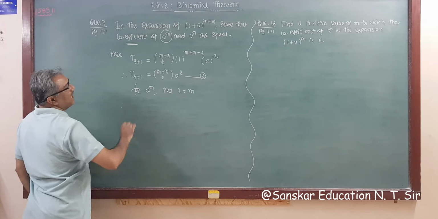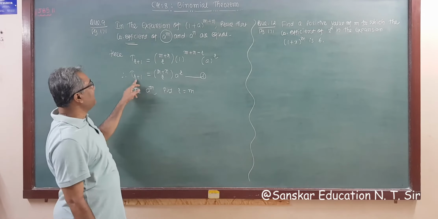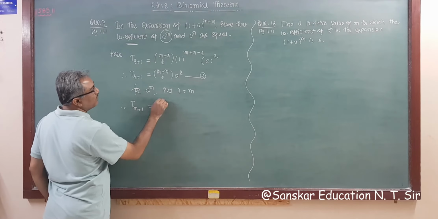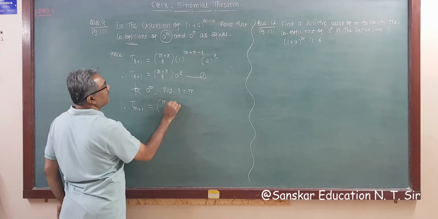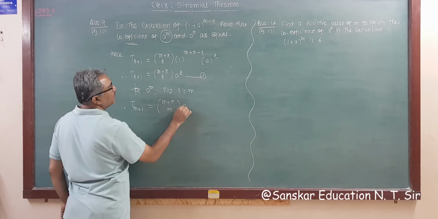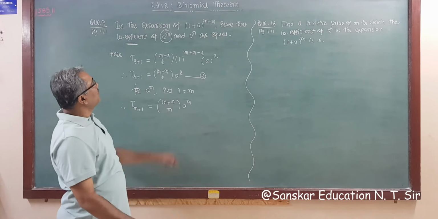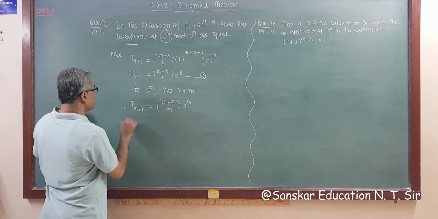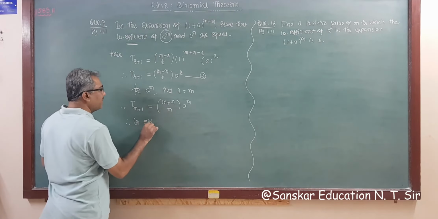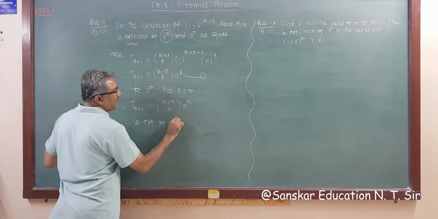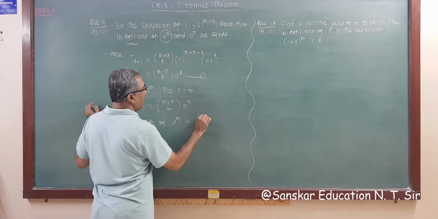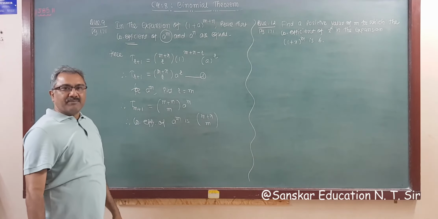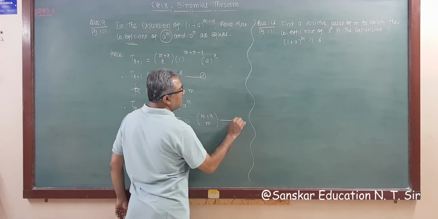So we get T(m+1) is equal to (m+n)Cm into a^m. Therefore the coefficient of a^m is (m+n)Cm, right? So say this is result number A.